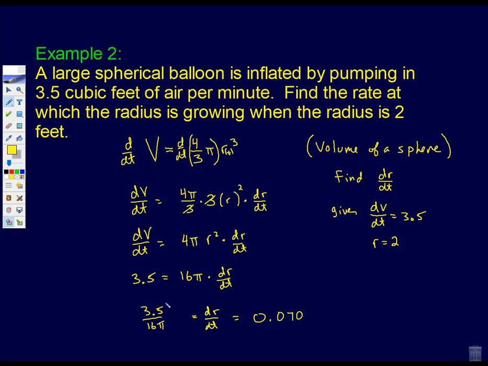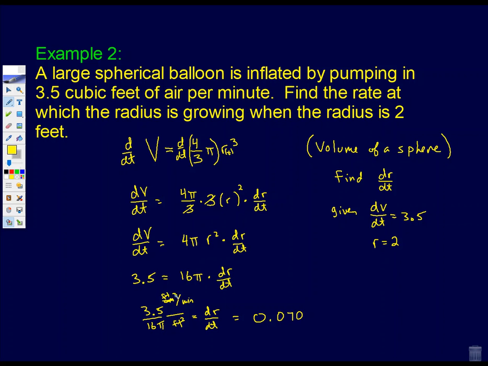Now let's think about the units here. The 3.5 was in centimeters cubed, or sorry, feet cubed per minute. Okay, but then we divided by 16 pi, and that would be measured in square feet because the radius was in feet and then it was radius squared.